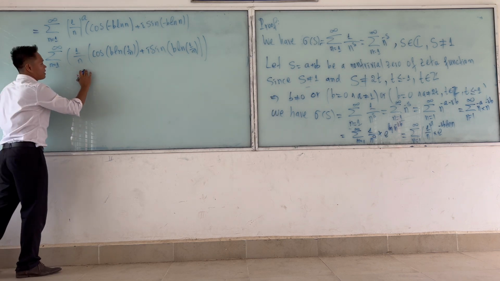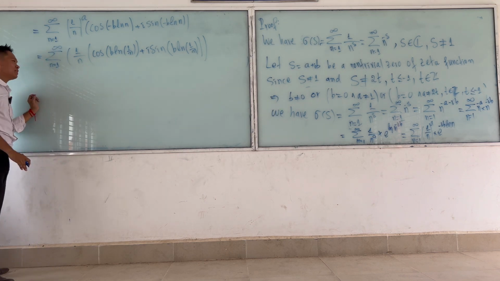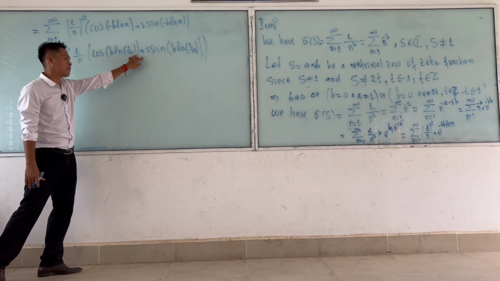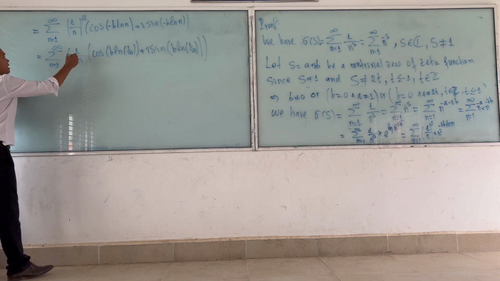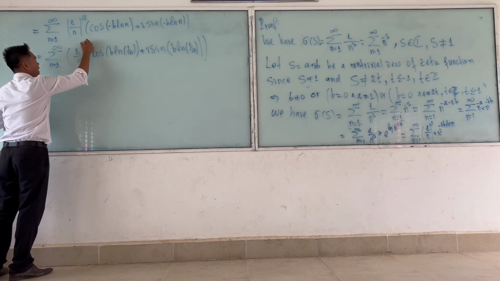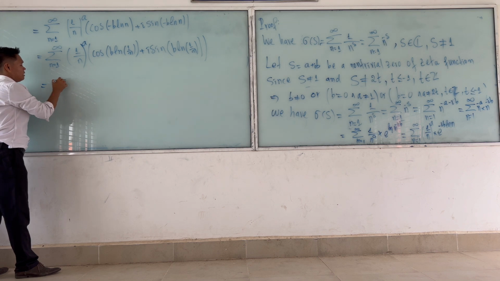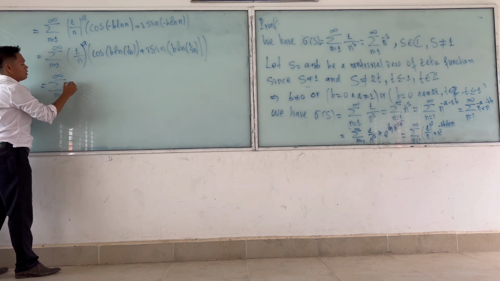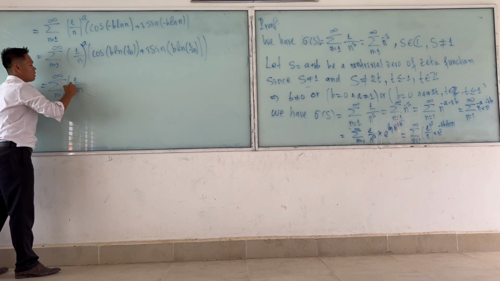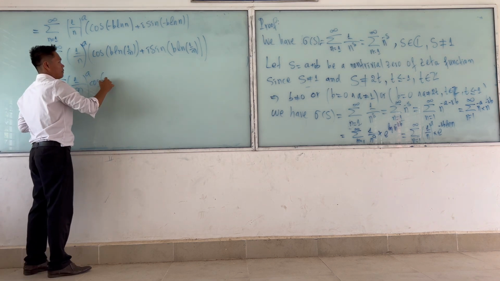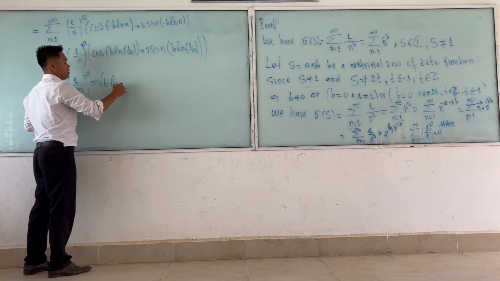Then I expand the sum here. I use that the sigma of a sum is the sum of sigmas. So I got the sum from n from 1 to plus infinity of 1 over n^a multiplied by cosine of b natural log of 1 over n.